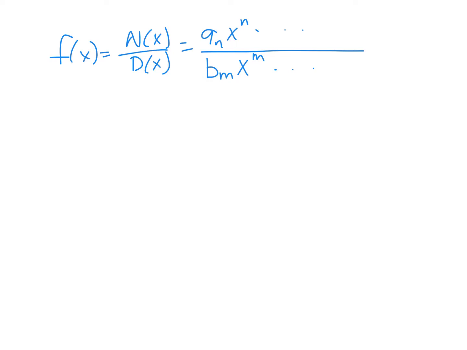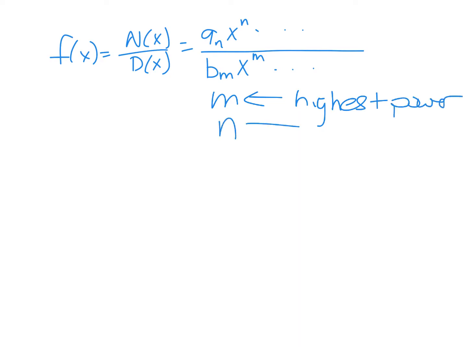What these represent are the highest power in the numerator and the denominator respectively. n is the highest power in the whole numerator, and m is the highest power in the whole denominator. That's going to be relevant for when we talk about what the HA is.